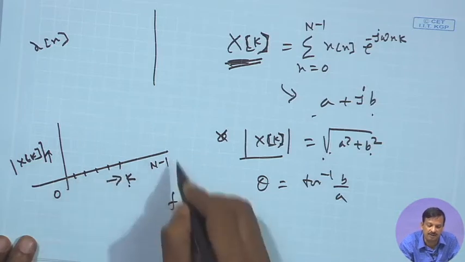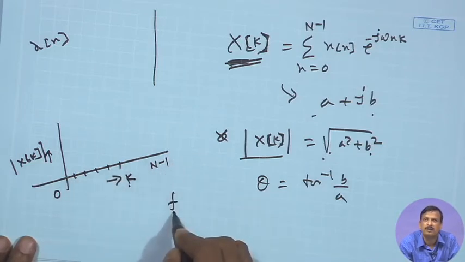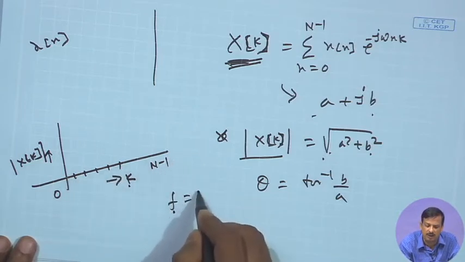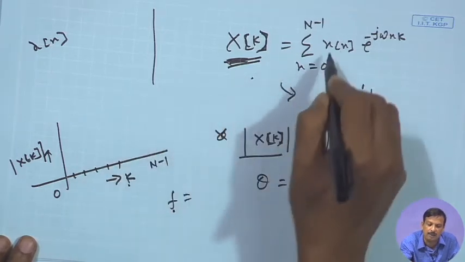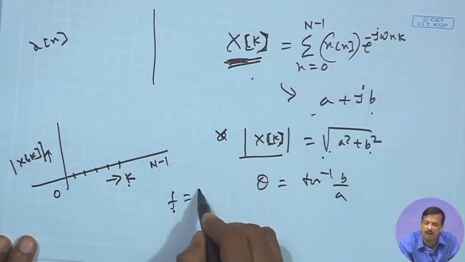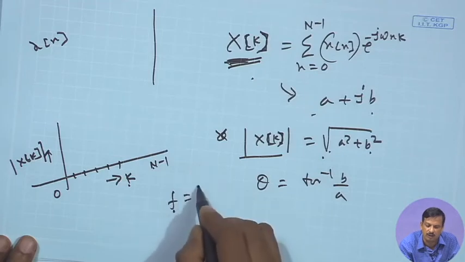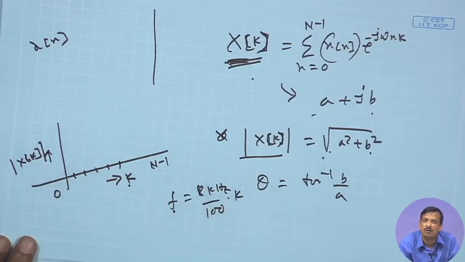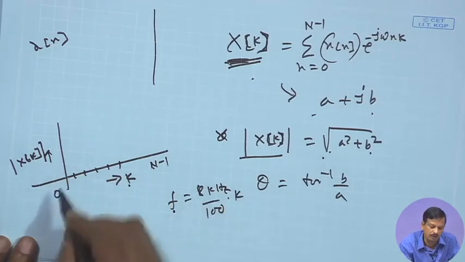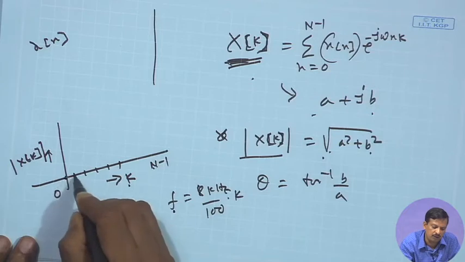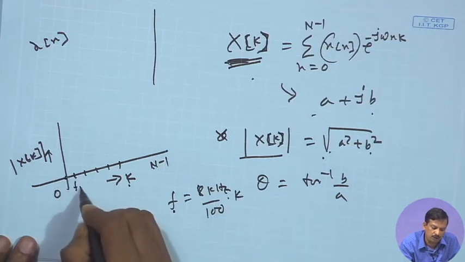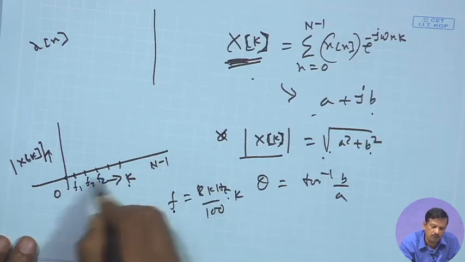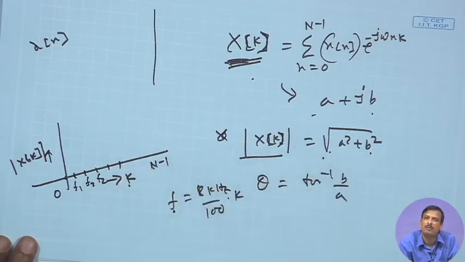Very easy, because if this signal x[n] is sampled at 8 kilohertz and my N is equal to 1000, then f is 8k divided by 1000 times k. I get the corresponding frequency. So, instead of 0, this will be frequency f1, f2, f3, f4, for different k values, I get the analog frequency value.